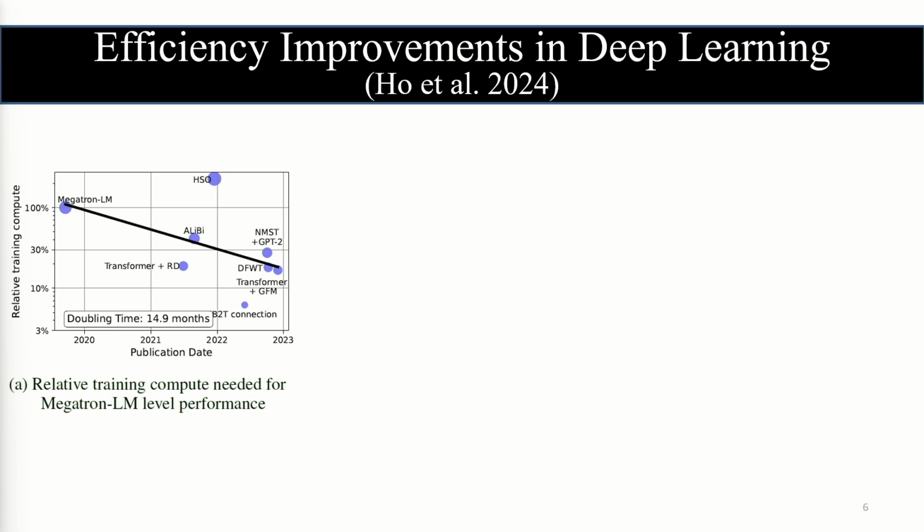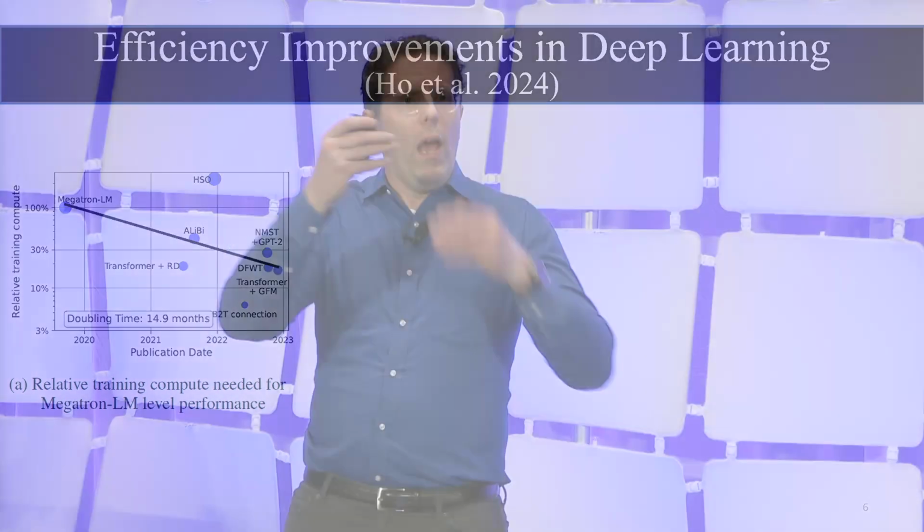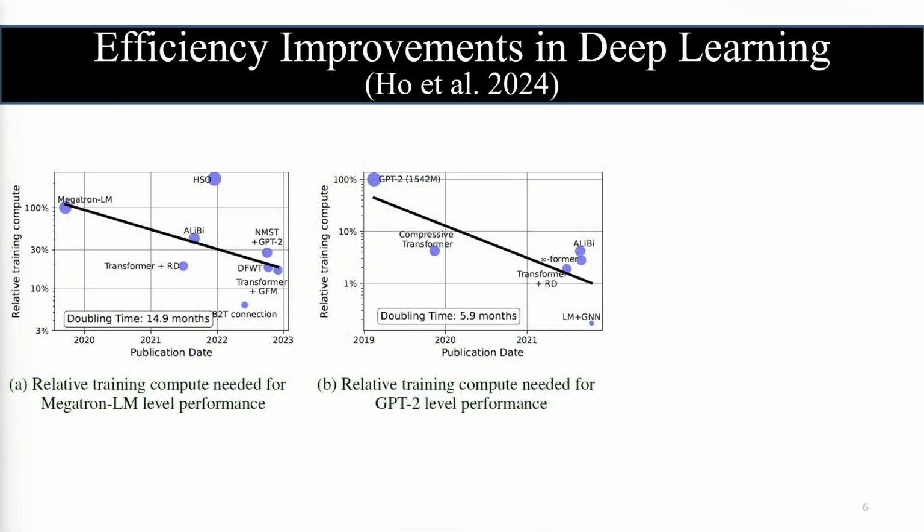And if you look at the doubling time there, that 14.9 months, that's saying that every 14.9 months, we halved the amount of compute we had to use to achieve the same level of performance. That's a big efficiency savings. But that's one example. What about GPT-2 when it came out? Actually, that also improved very quickly. We had new models that came out.